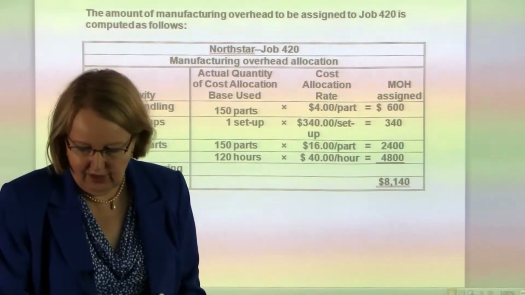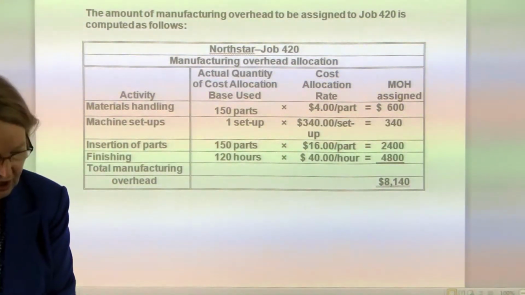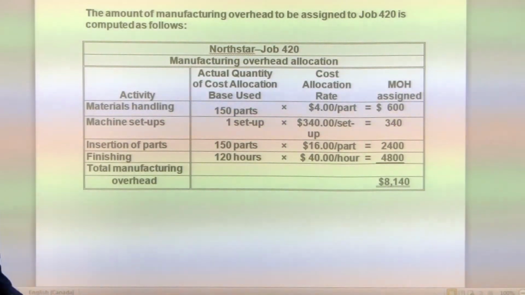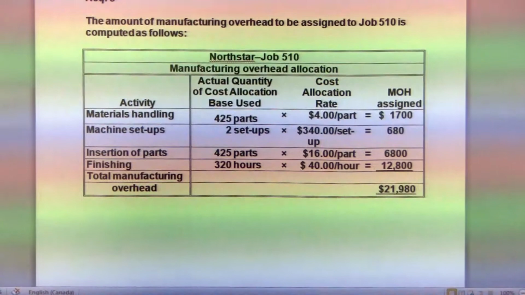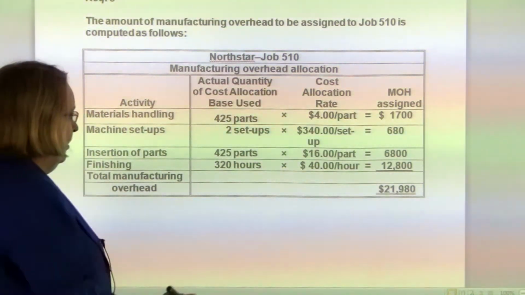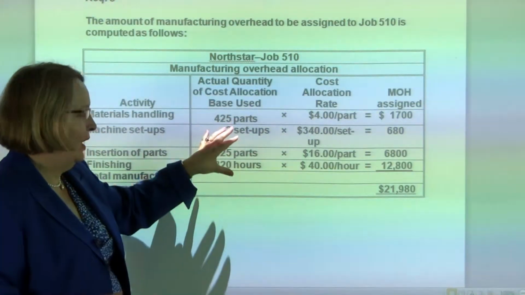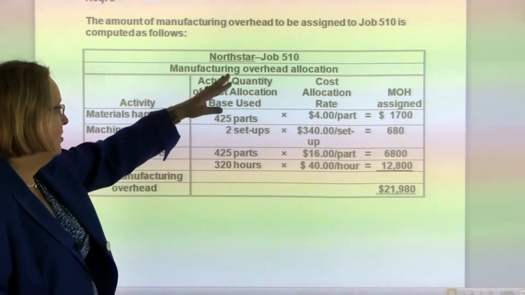The next thing we're asked to do is identify the cost assigned to job number 510. We'll scroll down here to 510. Again, you'll see that the rates are the same, but you're multiplying them by the parts identified with job 510.